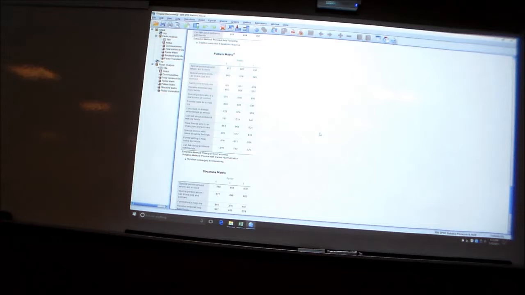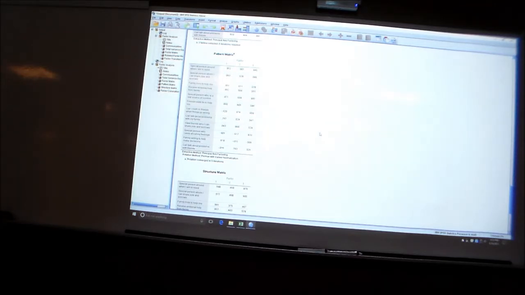Okay, pattern matrix, remember, is different than our orthogonal factor or loading matrix, because what this is going to give us is the unique relation of our factor with our item controlling for the other factors, right? So think about these in terms of regression coefficients instead of correlations.